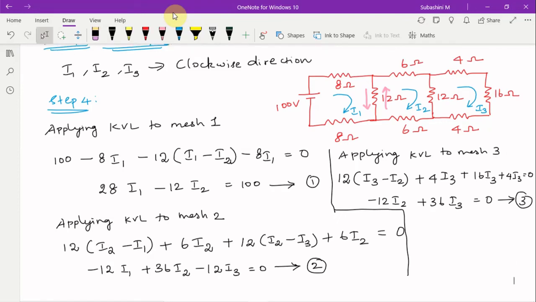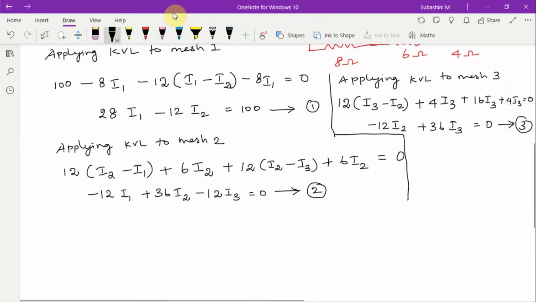Step number 5 is to arrange these equations in a matrix form.